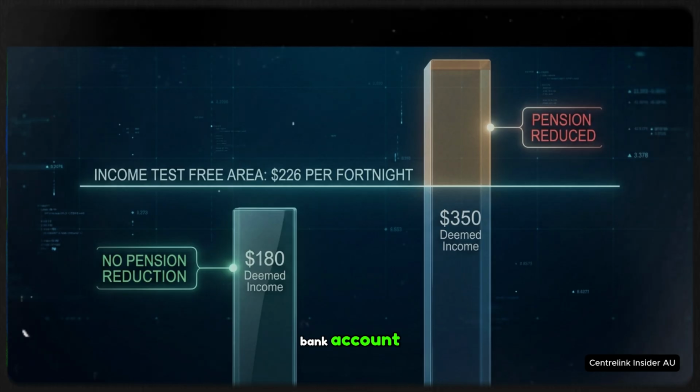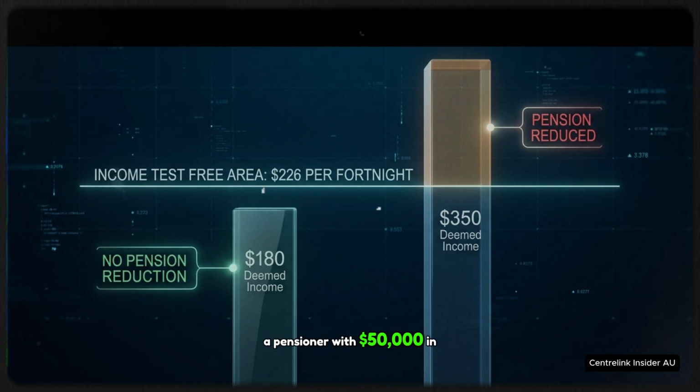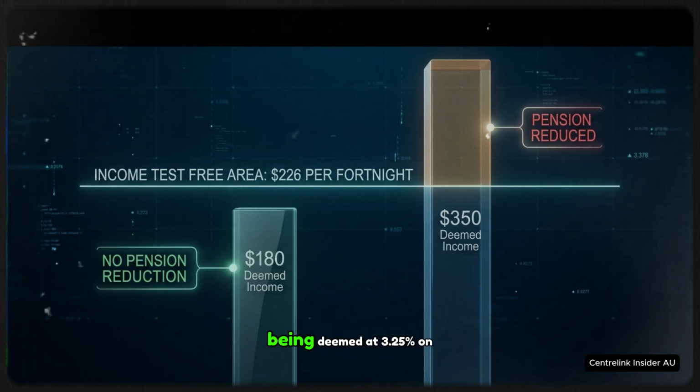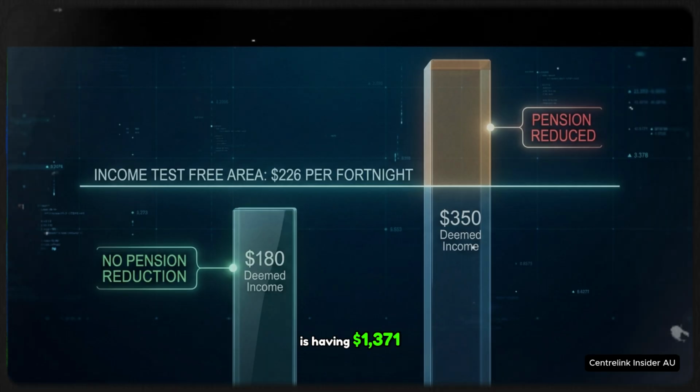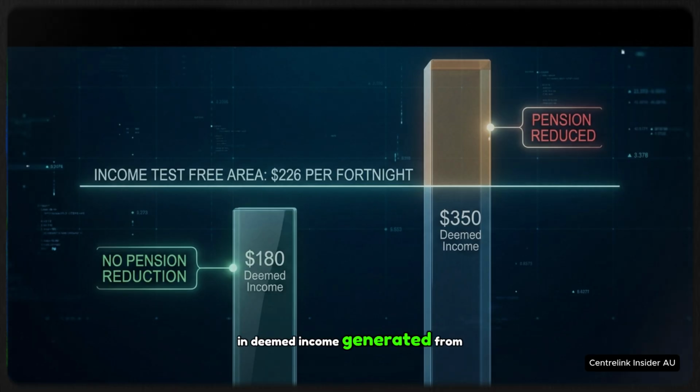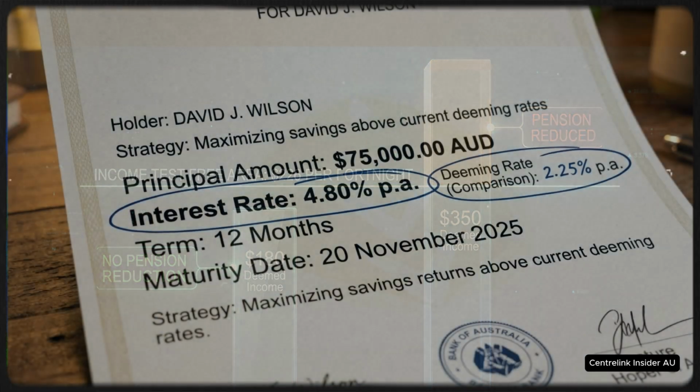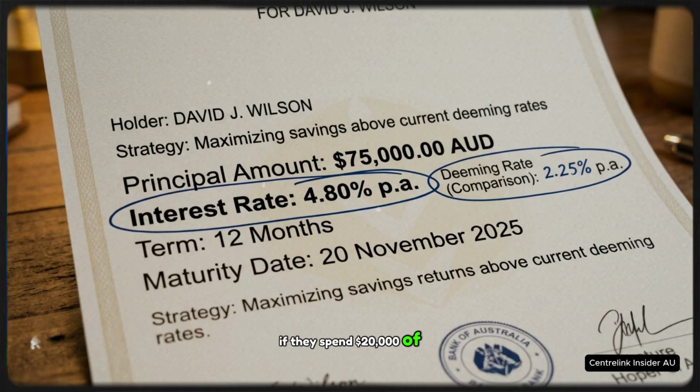A pensioner with $50,000 in a savings account being deemed at 3.25% on most of that amount is having $1,371 in deemed income generated from those savings. If they spend $20,000 of that on a legitimate and needed home improvement, their financial assets drop by $20,000, their deemed income drops accordingly, and their home, which remains exempt, is worth more.